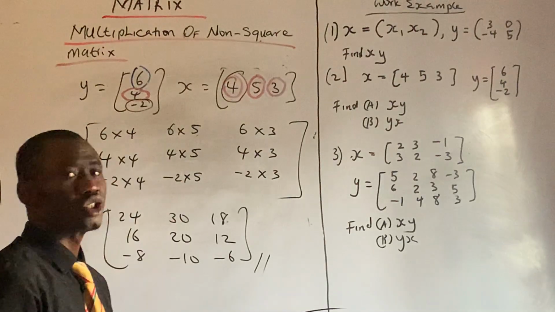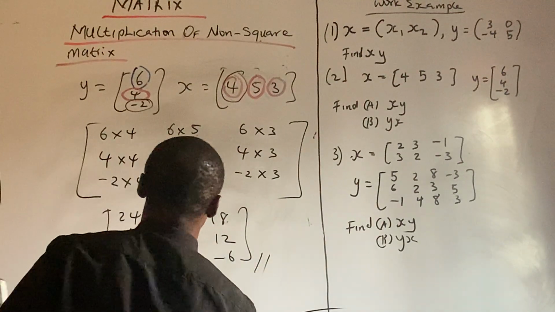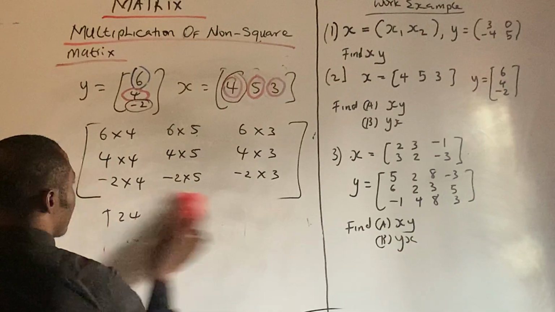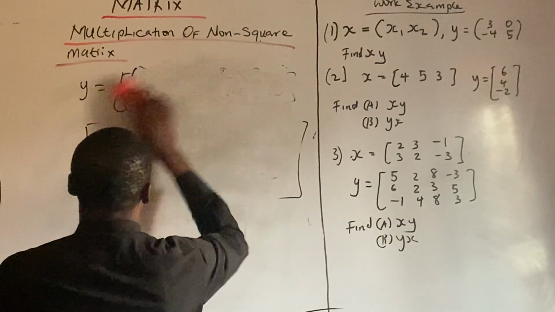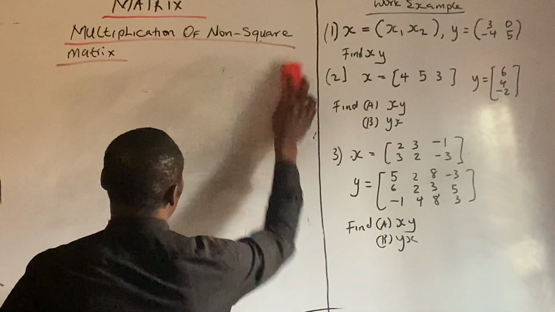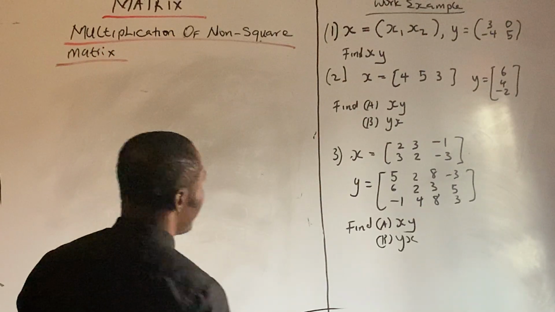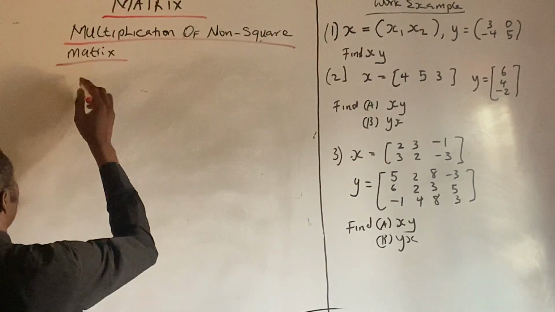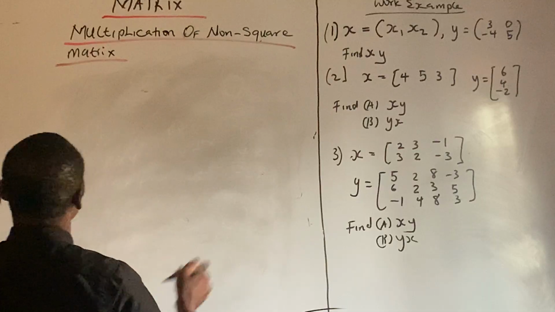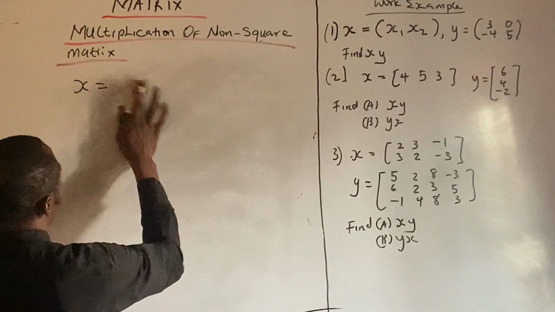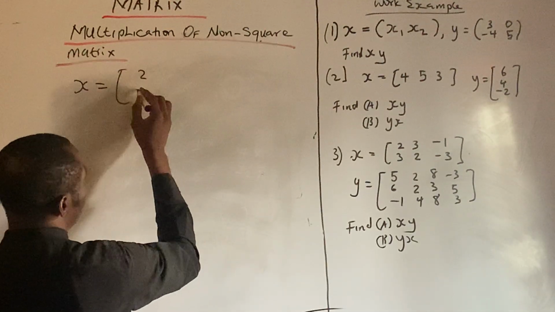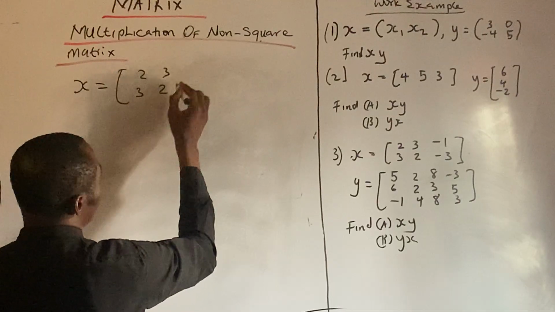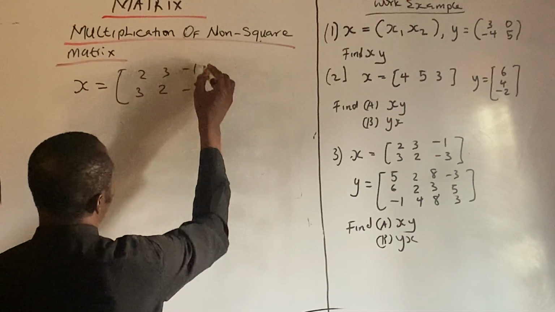Let's go to the next one, question number 3. For question number 3, we have that x is equal to 2, 3, minus 1 in the first row, and 3, 2, minus 3 in the second.